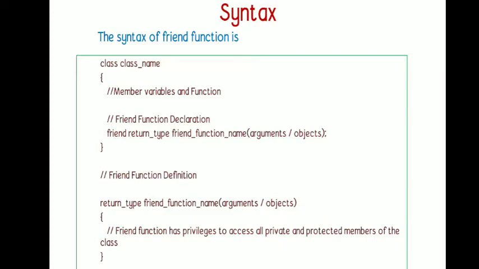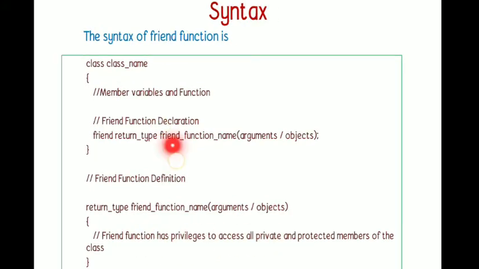So like this, the friend function can be defined outside the class with the return type and the name of the function. Then here arguments can be objects. So within the definition, you can have the access to the private and protected member of the class. So this is the general syntax. So we are saying that this function is acting like a friend to this class member.